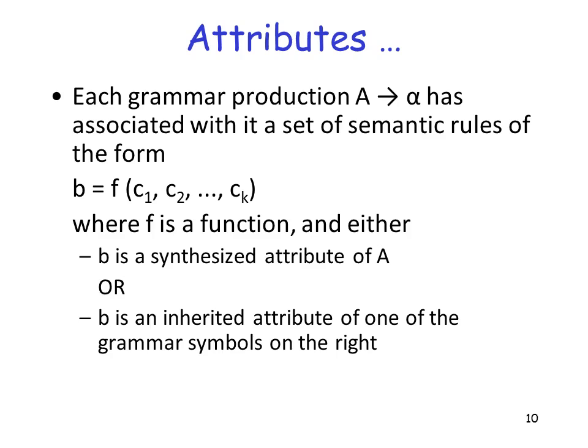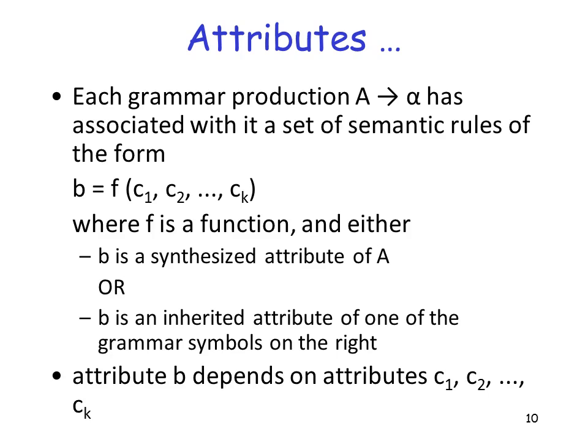Or b can be considered as an inherited attribute, where b is an attribute value of one of the child nodes, and c1, c2, c3, etc. ck can be the attribute values of its siblings or its parent node. Anyway, we can say that b equals f of c1, c2, etc. ck implies that attribute b depends upon the attributes c1, c2, etc. ck.